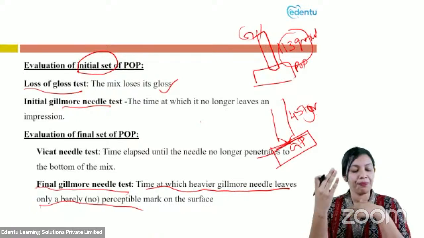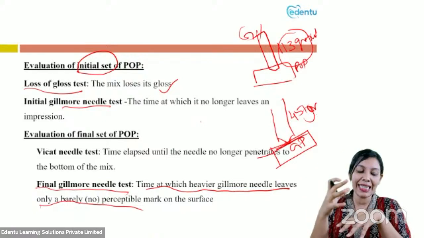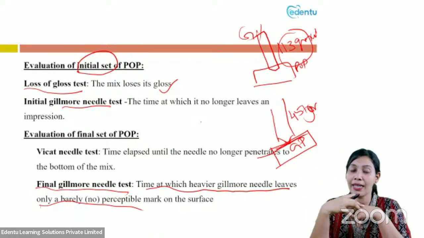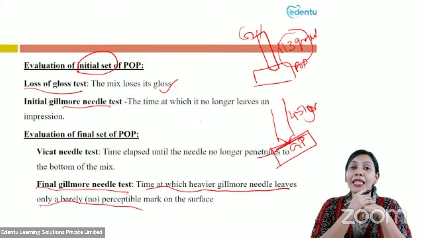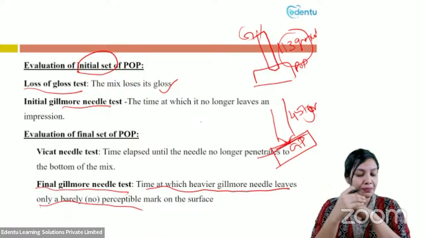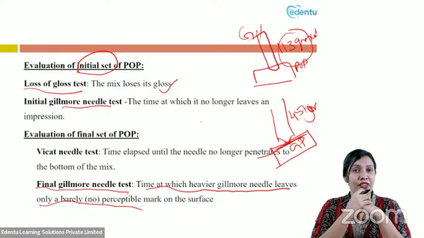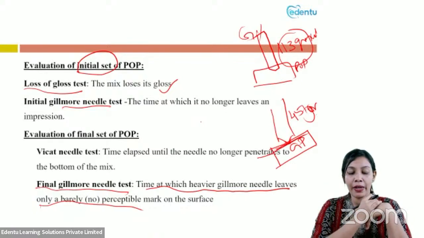So the initial Gilmore test indicates the initial set of plaster of Paris, and the final Gilmore needle shows the final set. There is a change in weight from 113 gram to 453 gram.